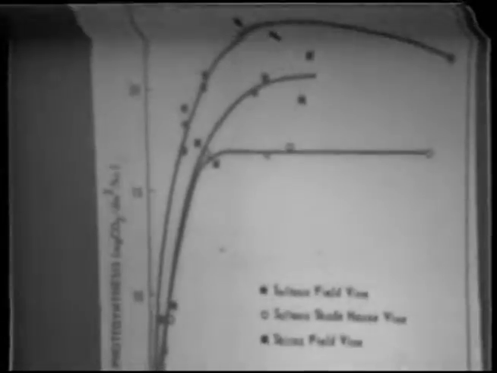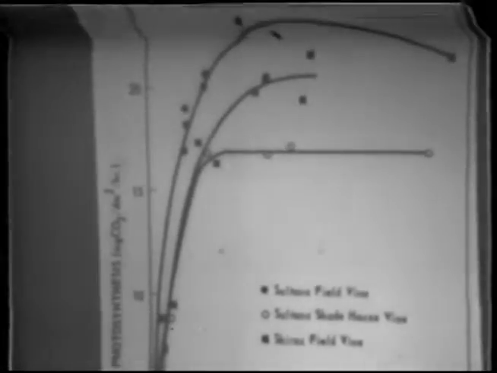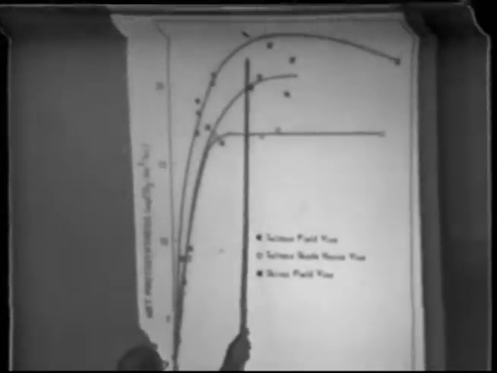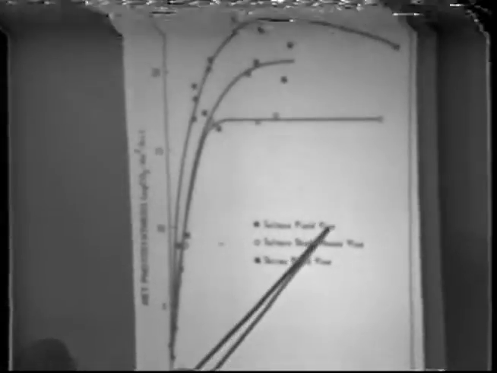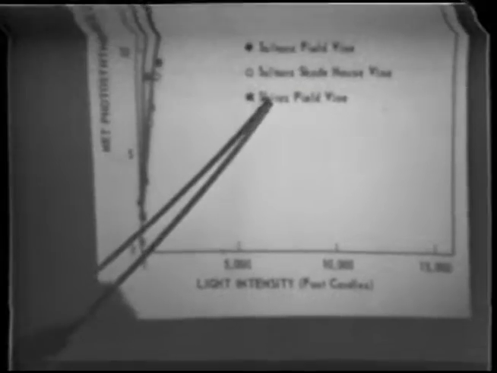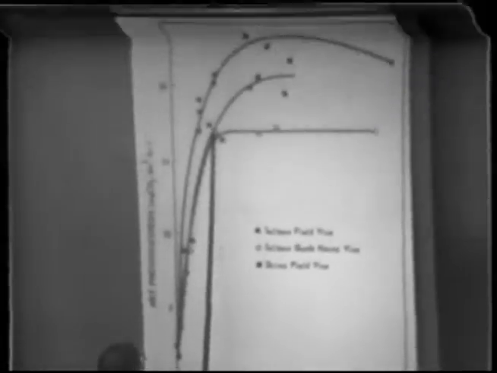And you can see when they ran this light intensity against photosynthesis using an infrared CO2 analyzer, which actually measures the uptake of CO2, they found a light saturation of about 5,000 for the Sultana field vines, and for the Shiraz field vine, again, about 5,000 foot candles was the light saturation point. For the Sultana shade house vine, or greenhouse vine, it was actually reaching saturation at about 3,000 foot candles.